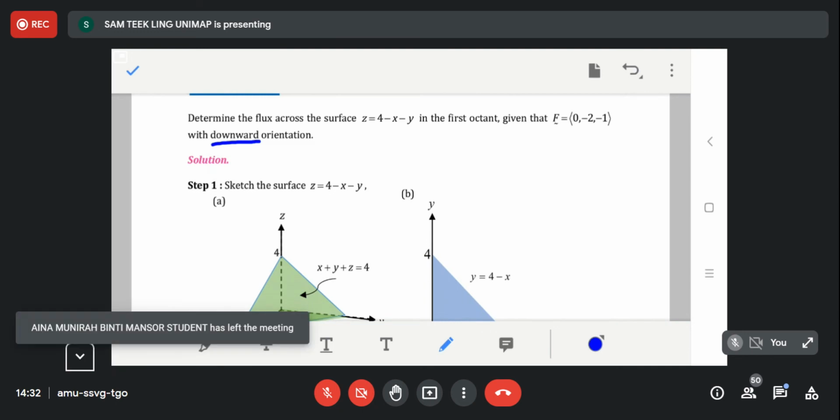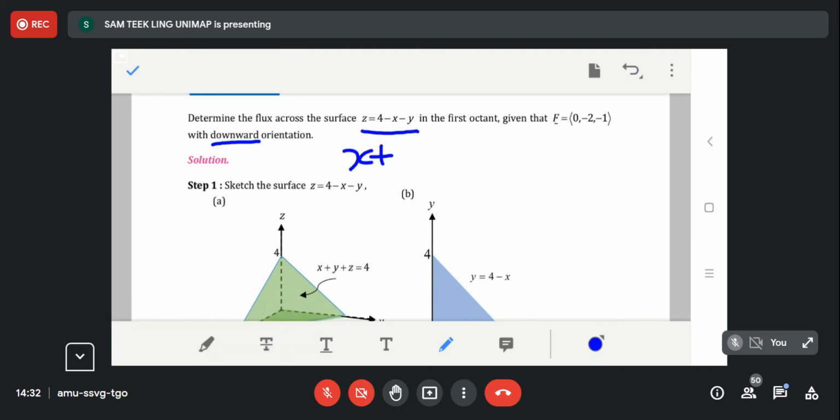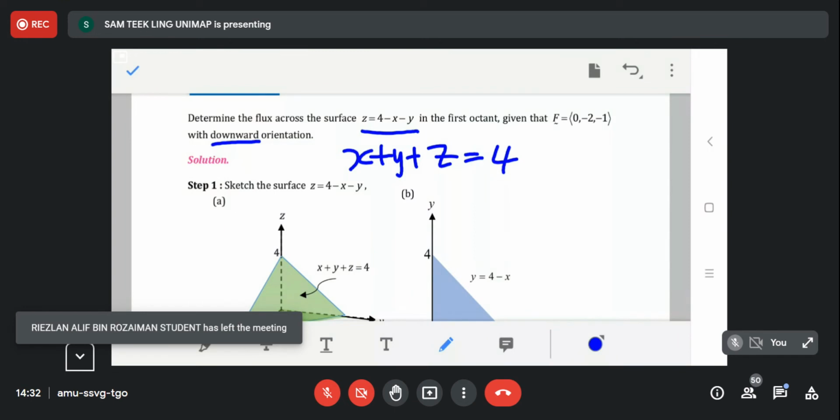So they can give you in this one, z equal 4 minus x minus y. Sometimes they will give you x plus y plus z equal 4. You can see all your variables x, y, z are all power 1. All power 1. That one is a tetrahedron.